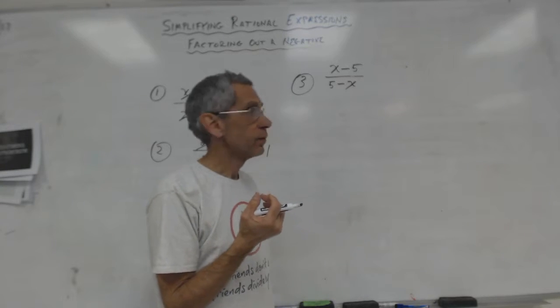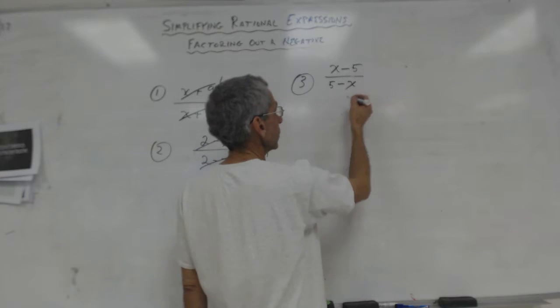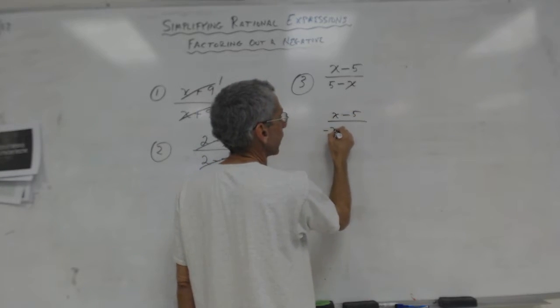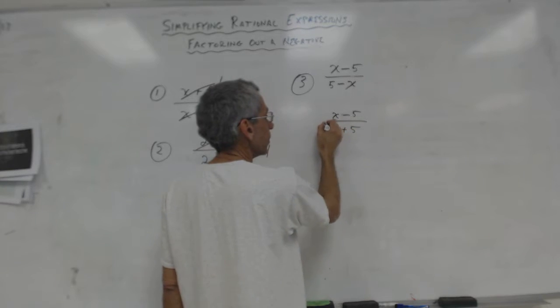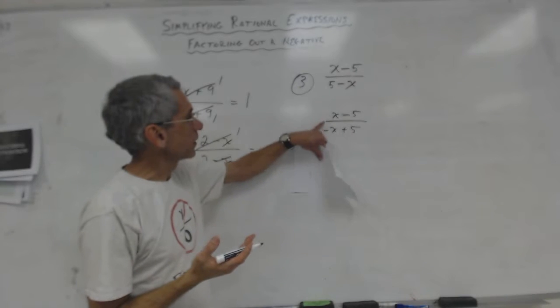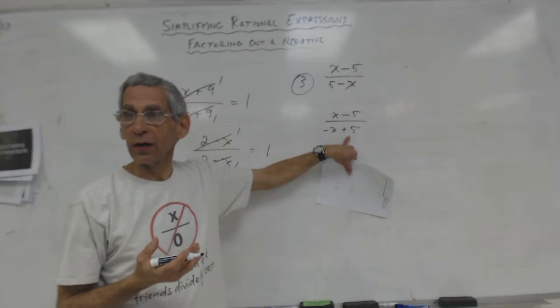Negative x plus 5. So you're saying x minus 5 over negative x plus 5, so it lines up. That's fine. But notice I still have a positive x here and a negative x here, a negative 5 here and a positive 5 here.